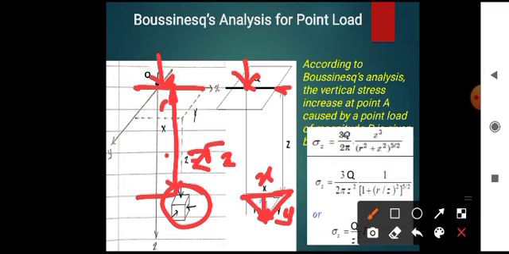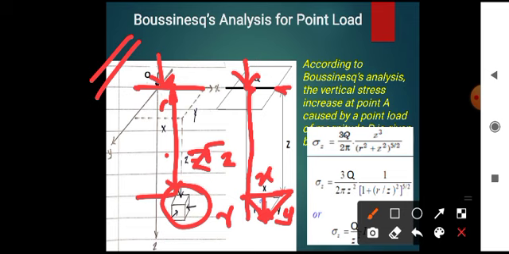Let us take r as the radial distance from the line of application. This is the line along which the load is applied, the line of application of the load, and r is the radial distance from this particular line. These are the various elements involved in this diagram.